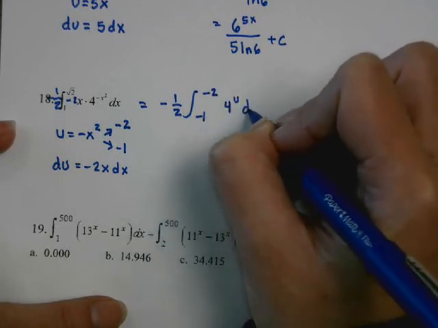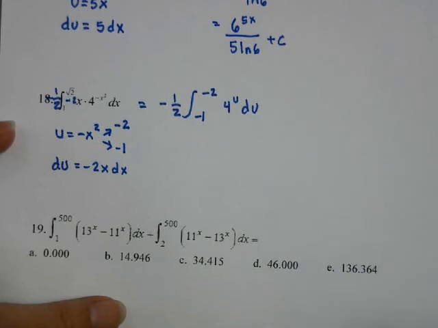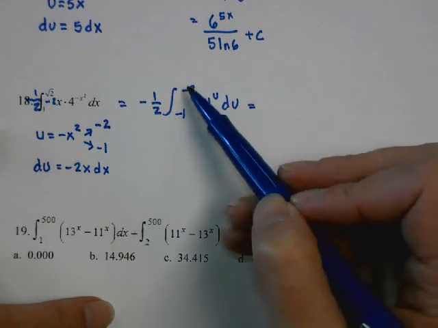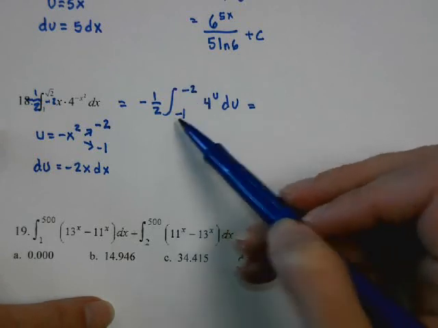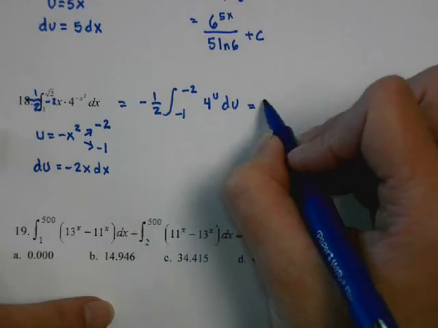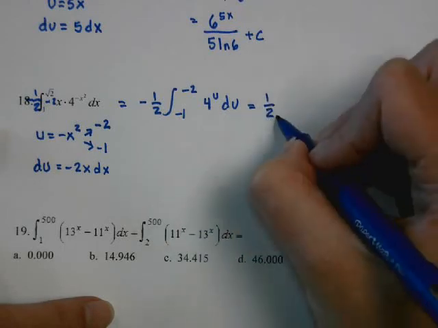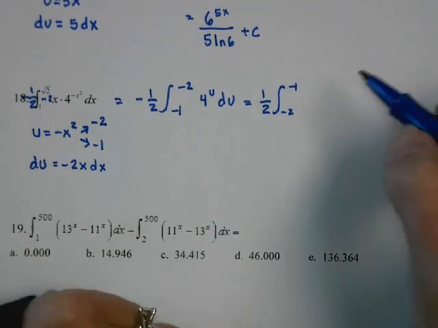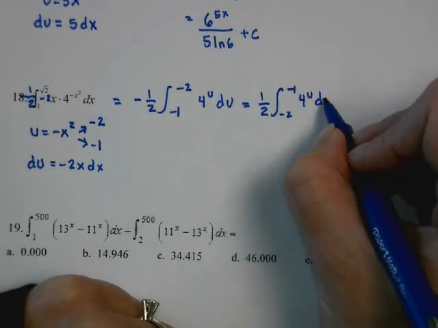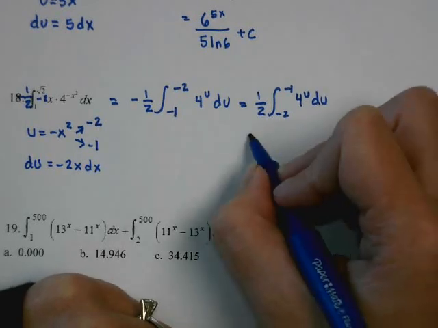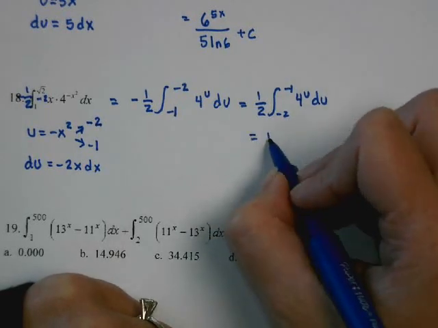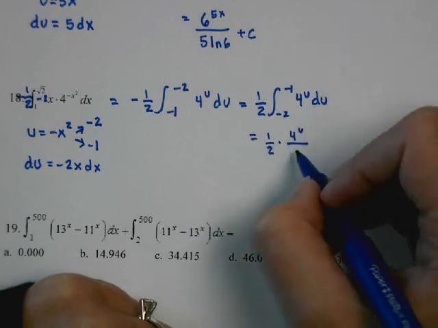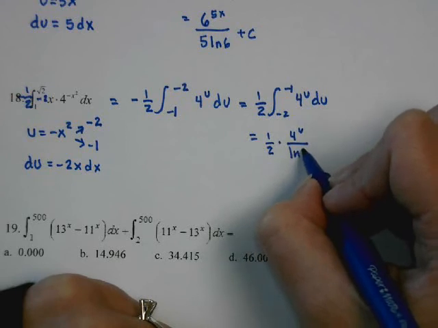u du. I'm actually going to switch this around before I integrate. Usually we have the big number over the small number, and I have a negative here. So I can rewrite this as positive 1/2 the integral from negative 2 to negative 1 of 4 to the u du. So this is going to be 1/2 times 4 to the u over natural log of 4.